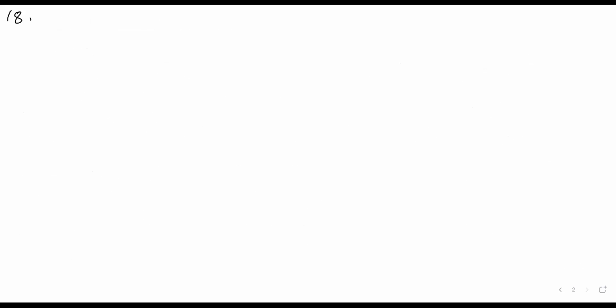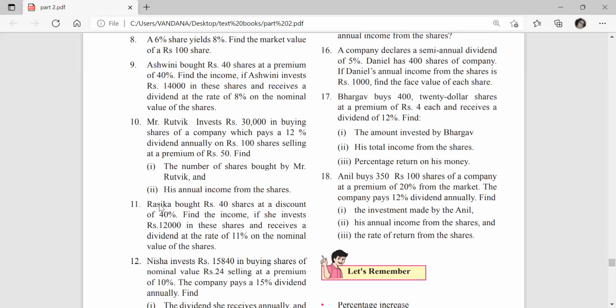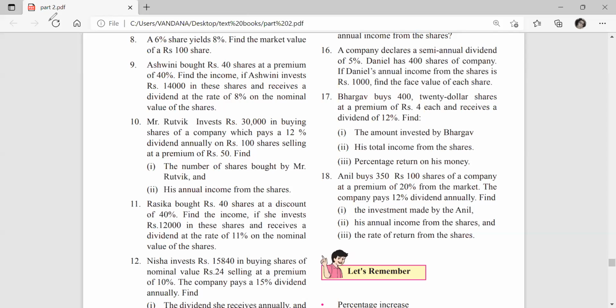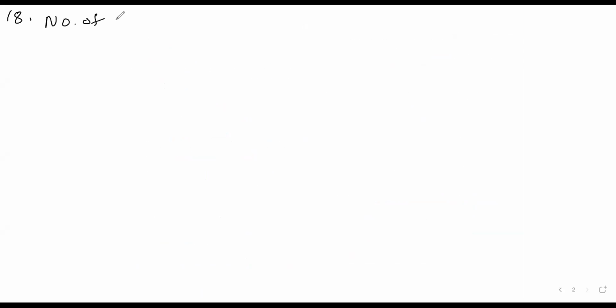Now sum number 18, the last sum of the exercise. It is also the same. Anil buys 350 rupees 100 shares of a company at a premium of 20% from the market. The company pays 12% dividend annually. So what do we have? Number of shares 350, face value 100 at a premium of 20%.